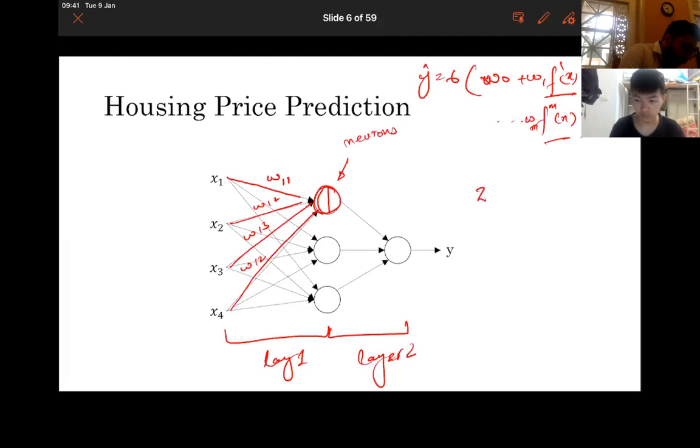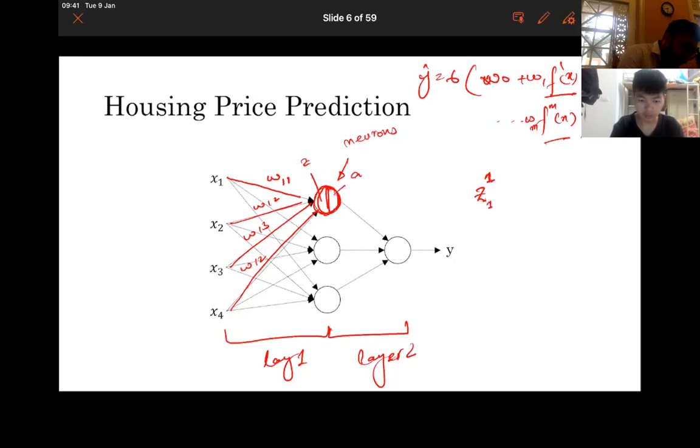I'll use the notation Z superscript for the layer. Since this is the first layer, I'll call it Z1. And then this is the first neuron. So the subscript represents the number of the neuron that I'm looking at in a particular layer. So this part is called Z, and then it's passed through some activation, called A. But I'll explain both of these.